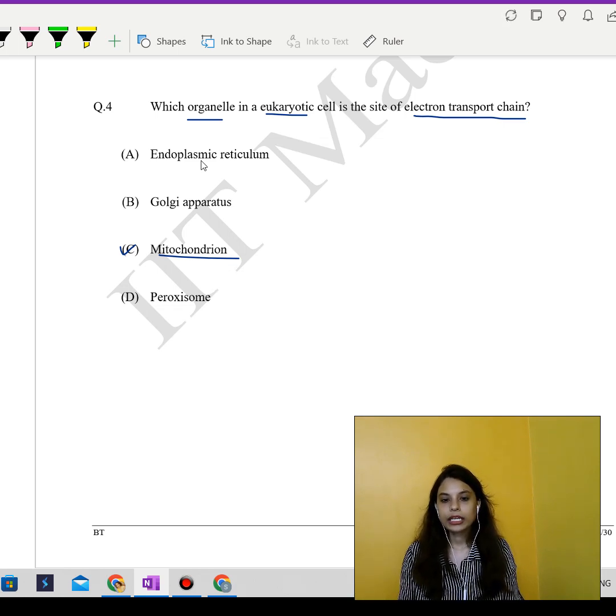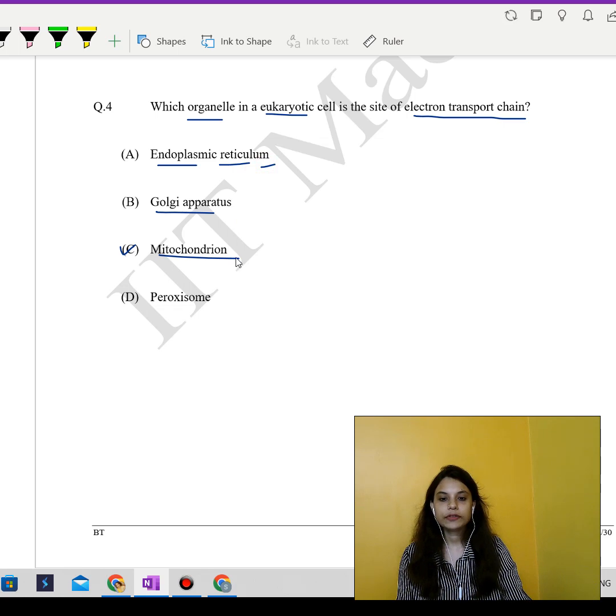Now, starting with the endoplasmic reticulum and the Golgi apparatus, they are involved in protein synthesis and modification respectively. This one is involved in protein synthesis and this one in modification.